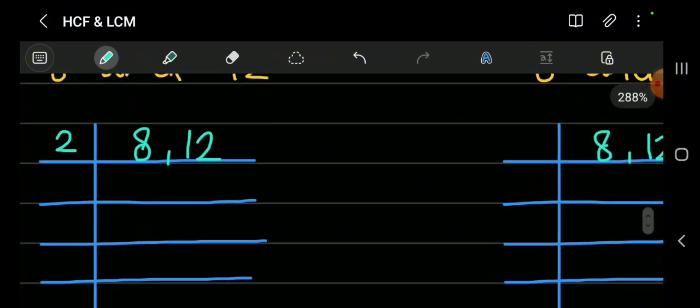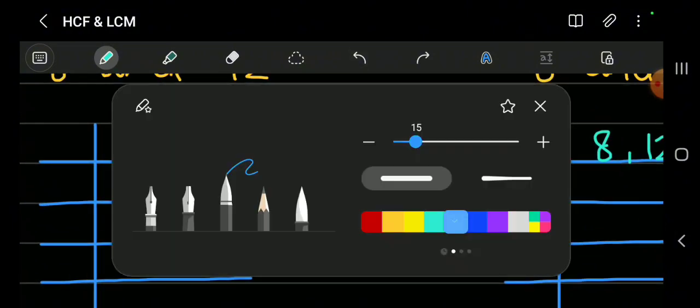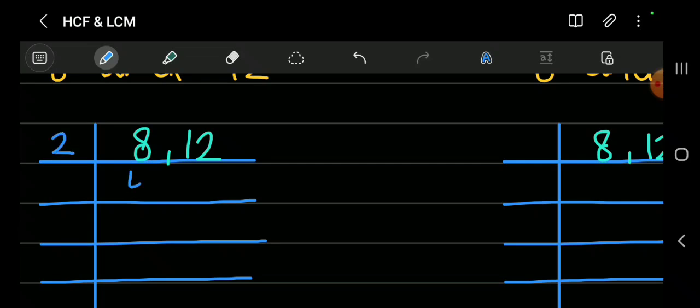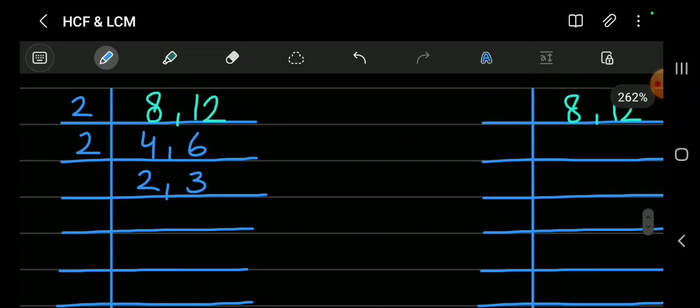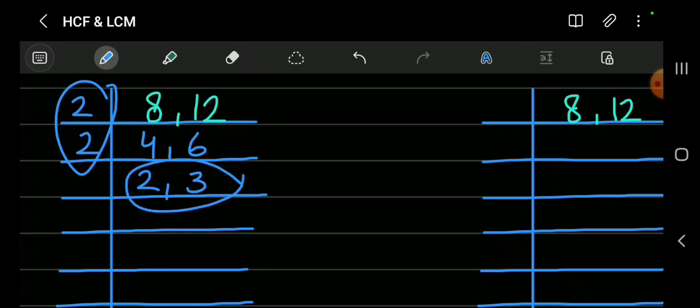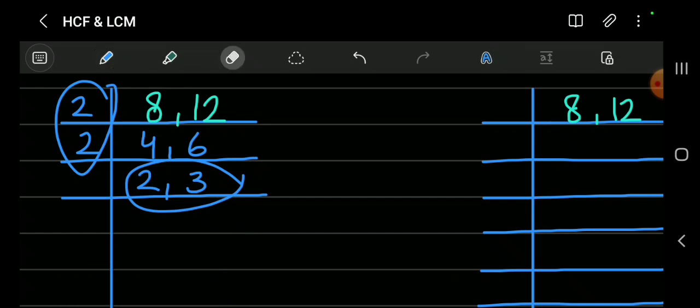So first find the common factors. So 2 4 times is 8, 2 6 times is 12, 2 2 times is 4, 2 3 times is 6. See, now you get all the common factors, and now if you divide further, only one of the numbers would be divisible, the other number cannot be divisible. So you are going to stop this division here, and the common factors that you get are only these 2 and 2 that are written here.